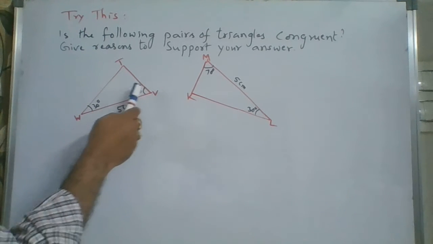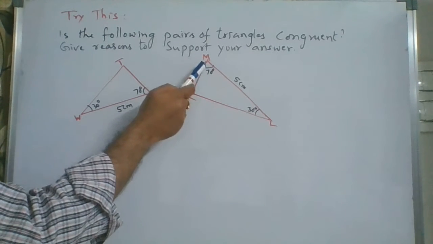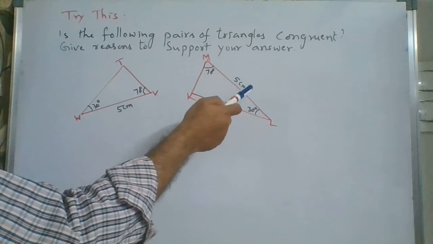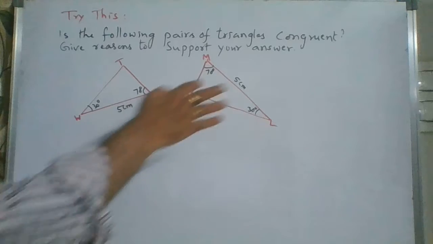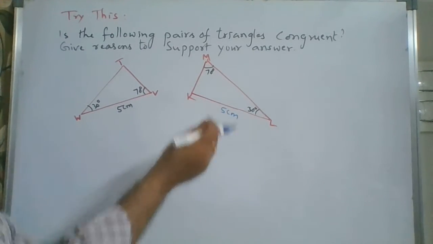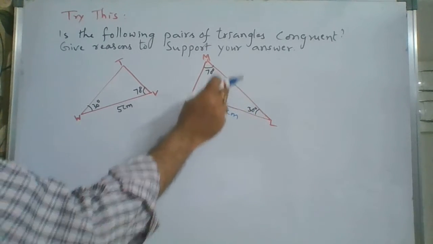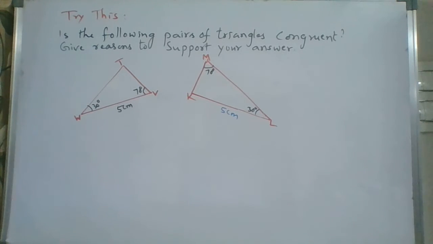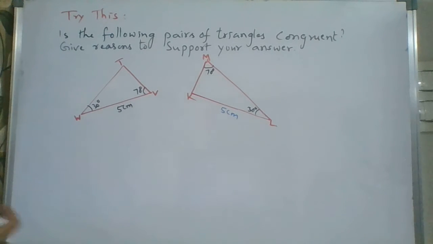See here, the two angles are given and the included side here. And here, KL is 5 centimeters, not here. So this is 5 centimeters. So only two angles are given, and this is not the included side of these two angles. Then are they congruent? Can you say that these two are congruent by the ASA rule or SAS or SSS?